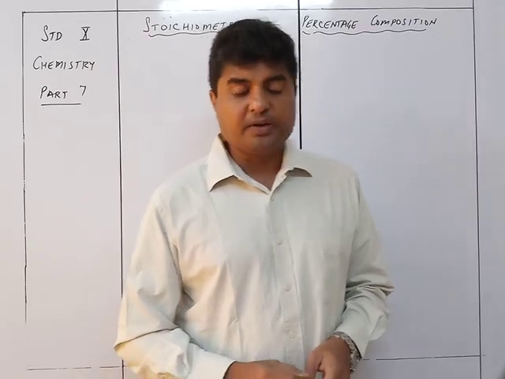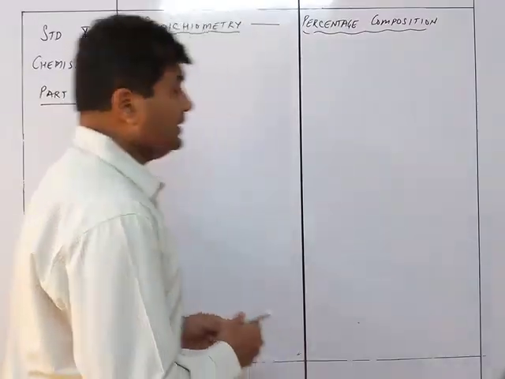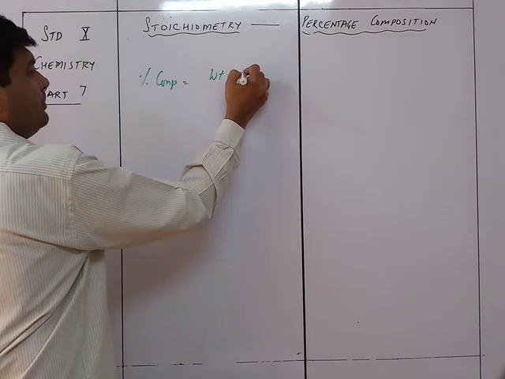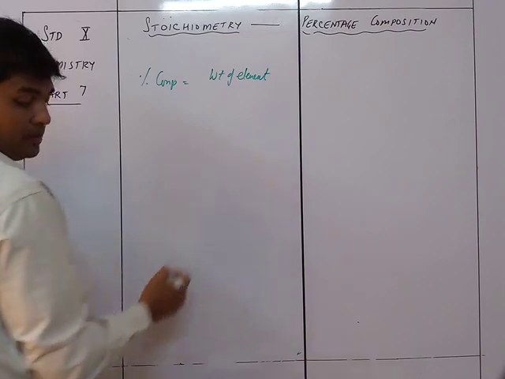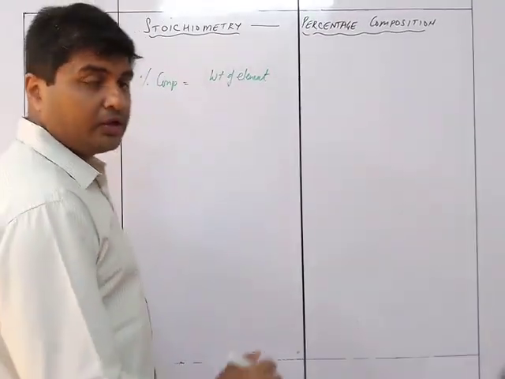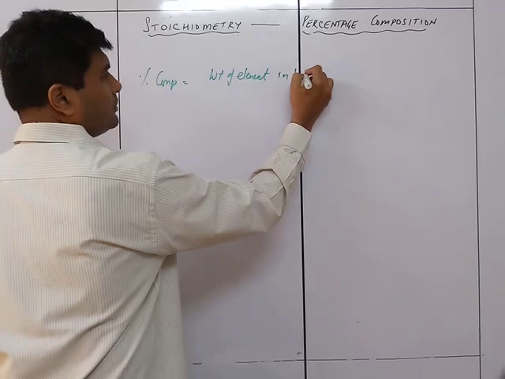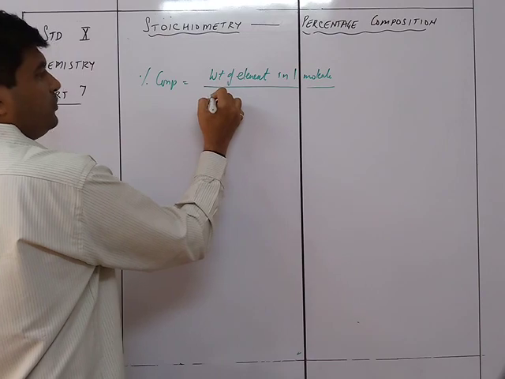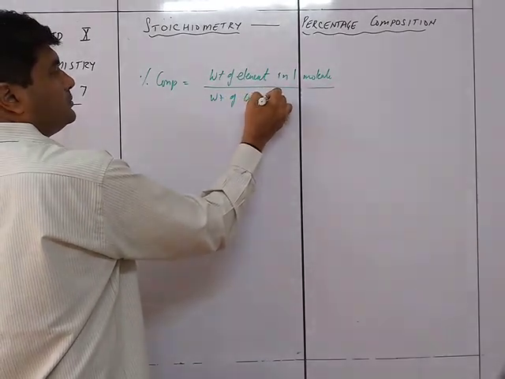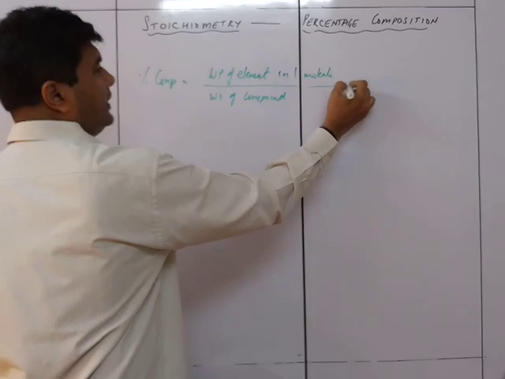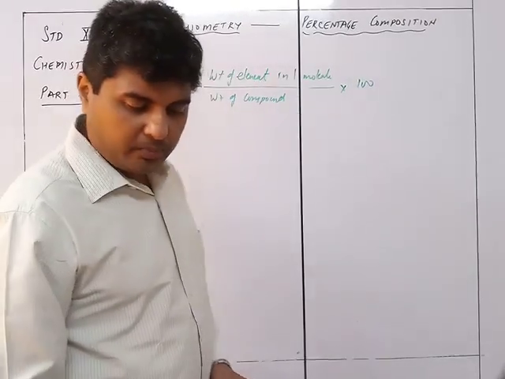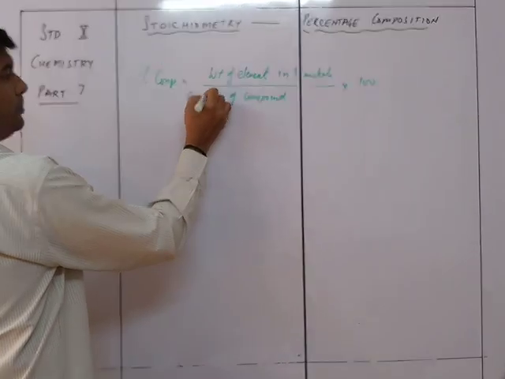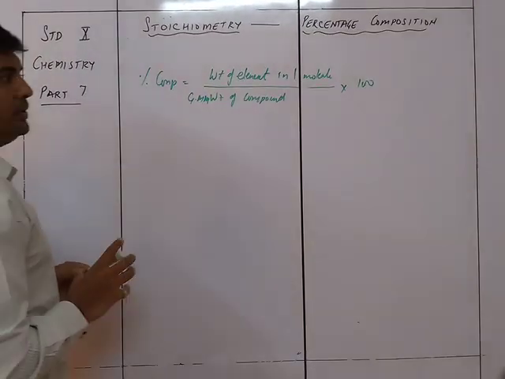So percentage composition can be given by the formula: percentage composition equals weight of element in one molecule upon weight of compound, that is the gram molecular mass, GMM, of the compound, into 100.